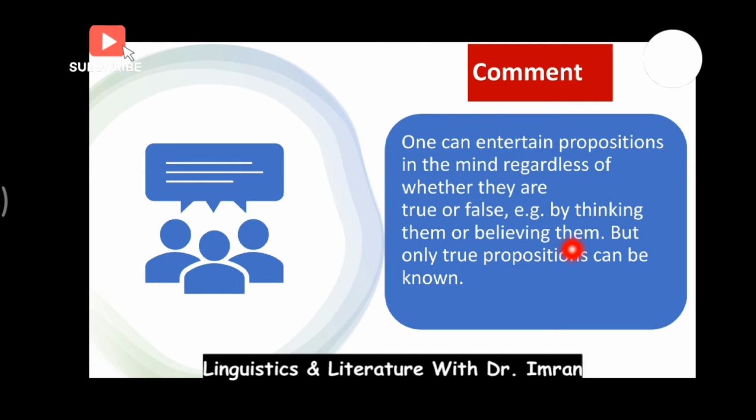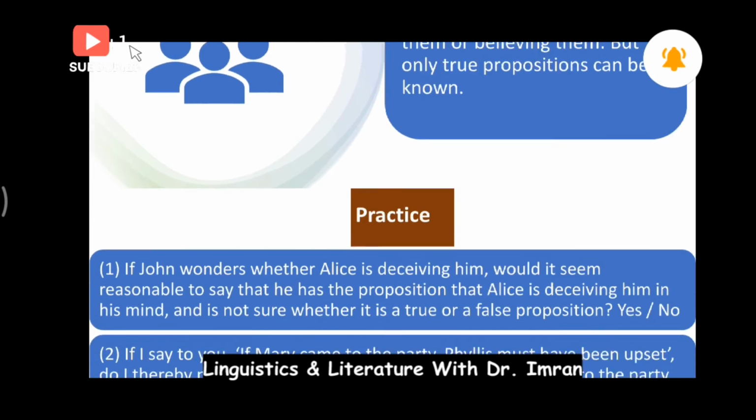But this might not be true, or this might be true, but only true propositions can be known. So only the propositions which are true can be known. And when something is in mind, that can be true or that can be false. Let's learn this notion by giving examples.